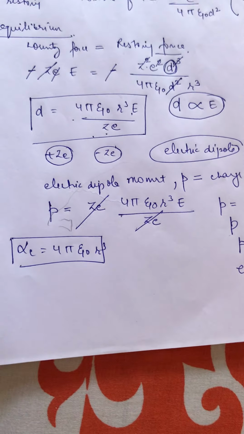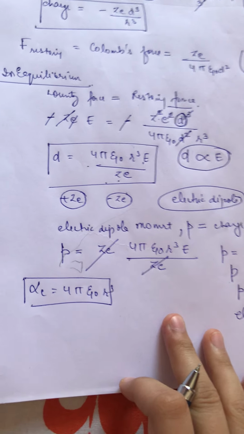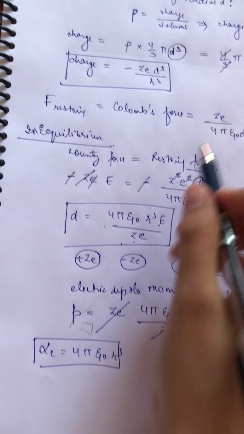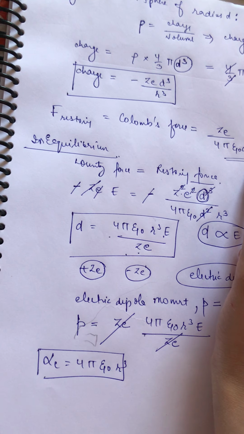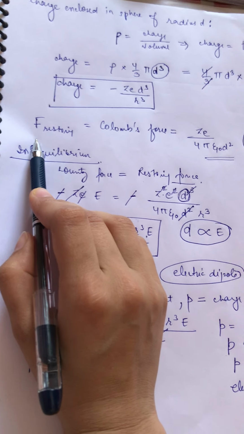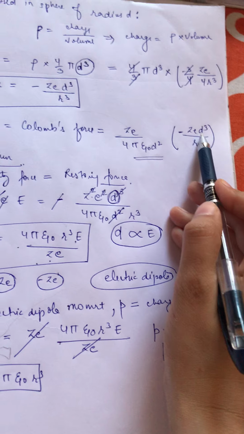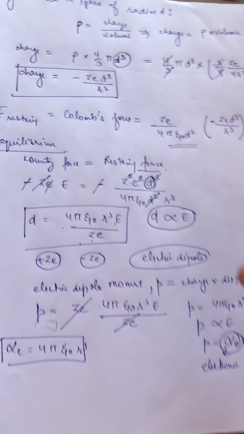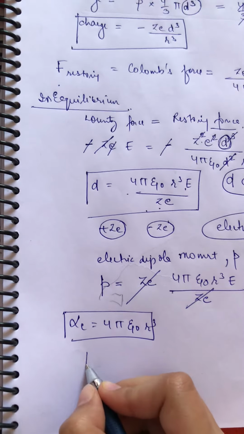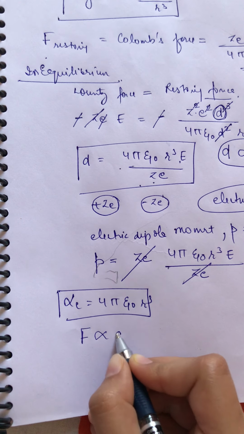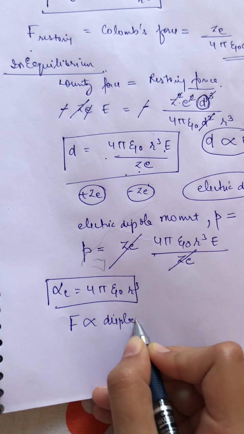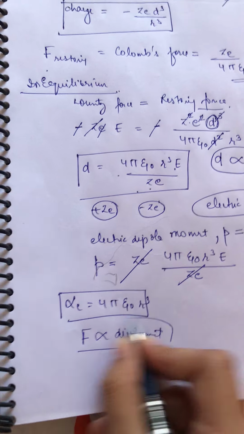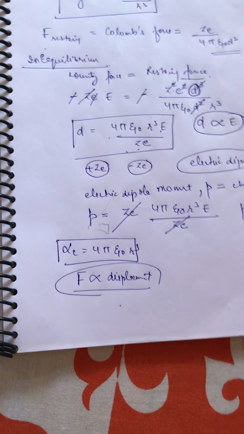So we have the equation, this one. From here we get that the restoring force is directly proportional to the displacement. We know that when the force is directly proportional to displacement, it is the case of a simple harmonic oscillator.